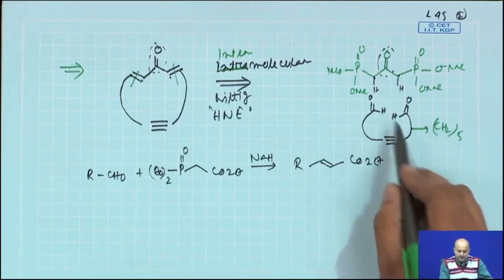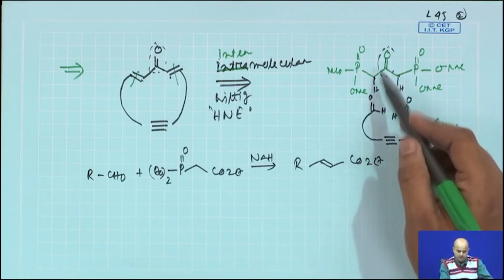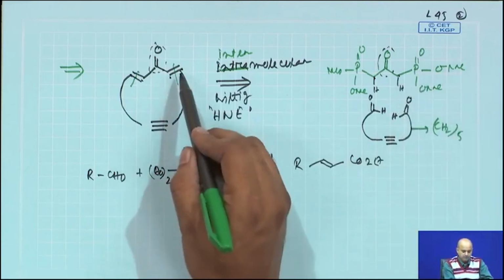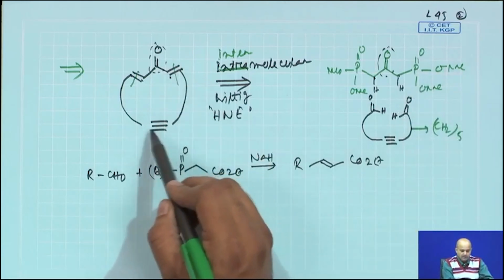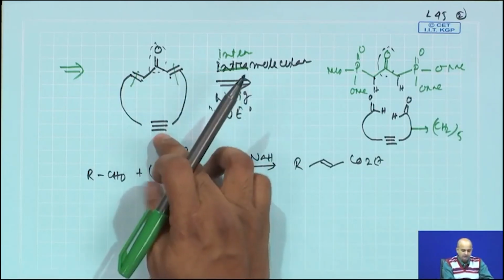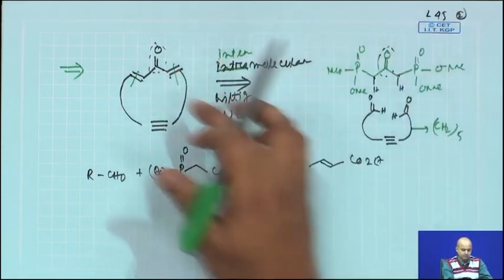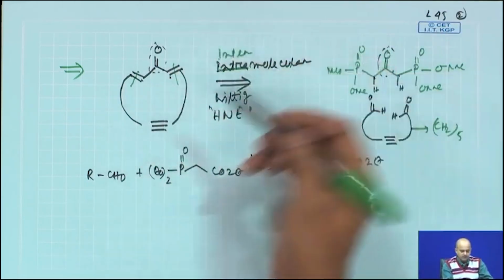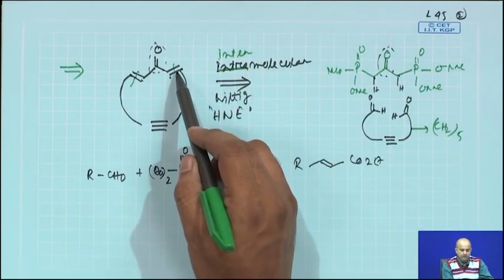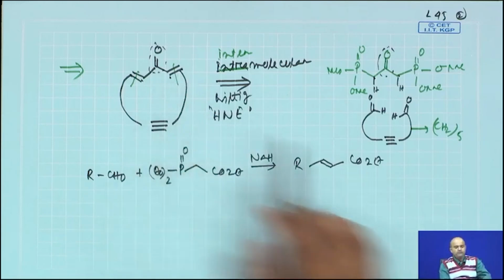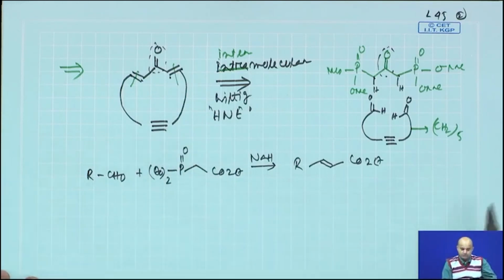So if you have the alkyne aldehyde, you do a Horner-Wadsworth-Emmons reaction, then you do the Lindlar catalyst mediated reduction here, and then you reduce this double bond completely. Or initially you can reduce this double bond first and then do the Lindlar one. This way you can do the synthesis.